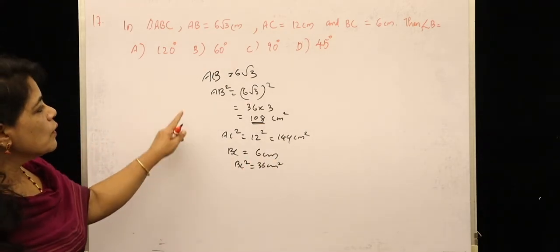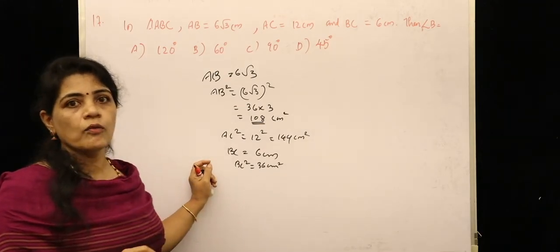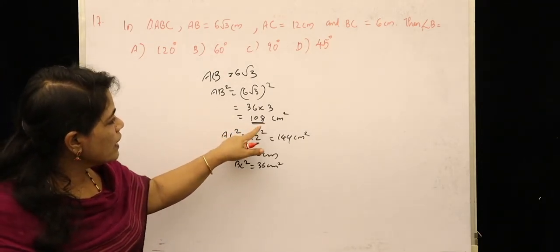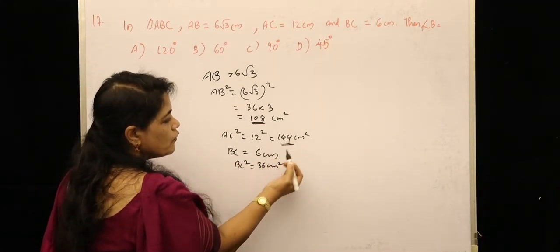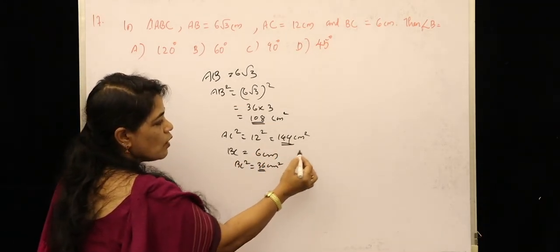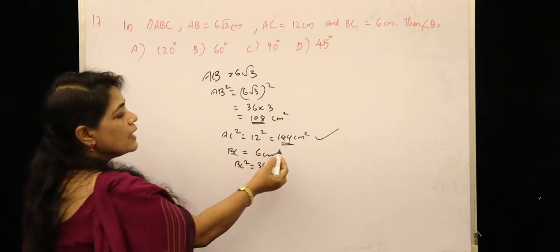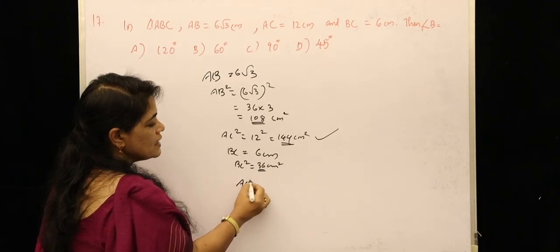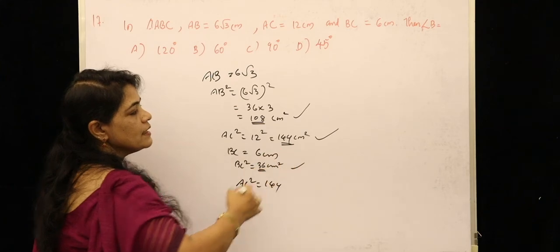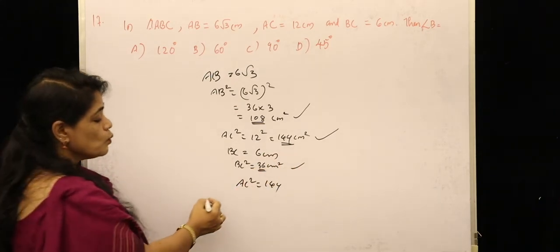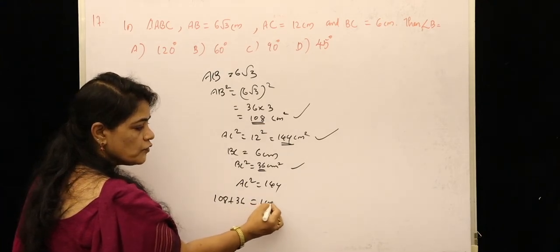So we have now all the three sides in their square form. Let us check. AB square 108, and here comes 144 and 36. So the longest side square is 144, that is AC square equal to 144, and for the remaining two sides, let us find their sum, that is 108 plus 36, which is equal to 144.